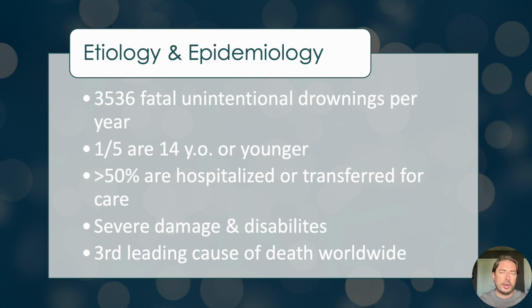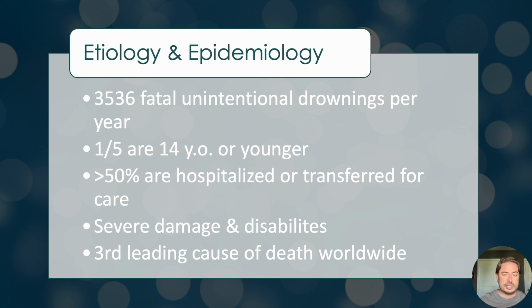When we look at other conditions that aren't drowning, this can be as low as 6% of patients coming into the emergency department getting hospitalized. So these patients that come in are going to be with us more likely than not. A lot of times these patients end up with non-fatal injuries that can cause severe brain damage and long-term disabilities.